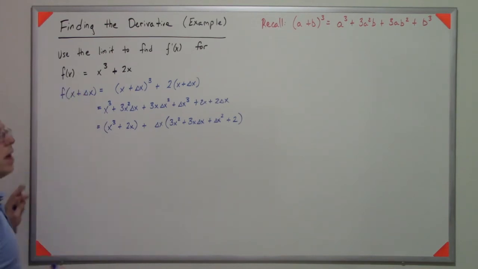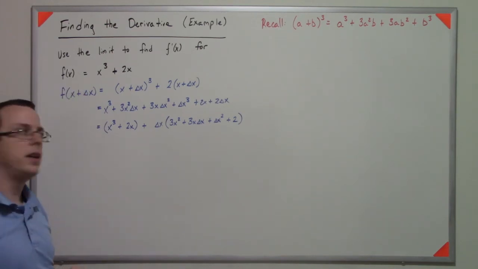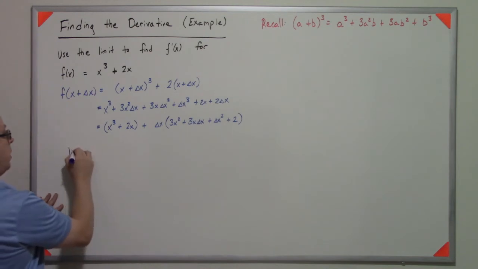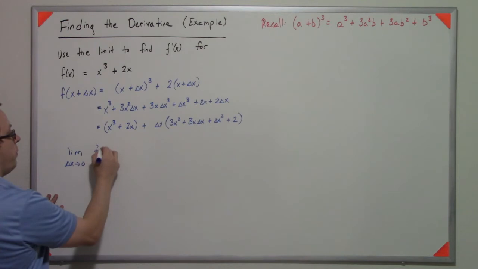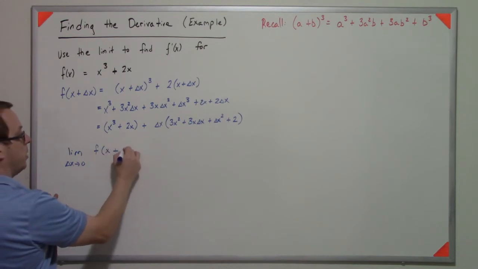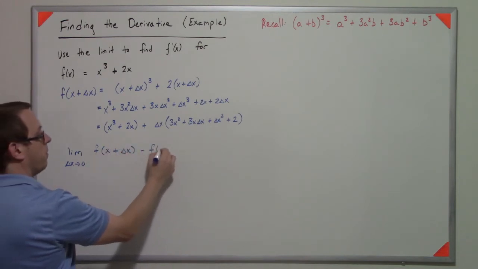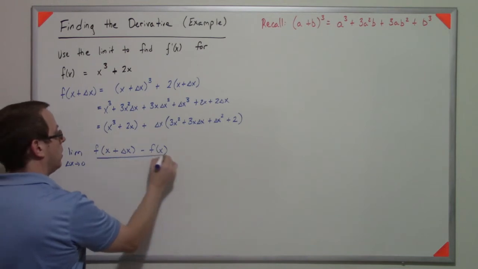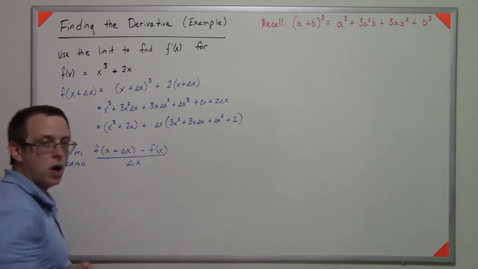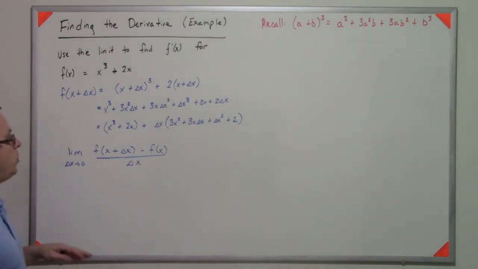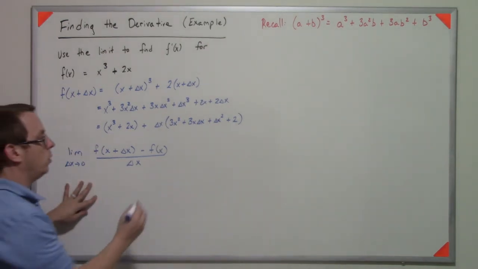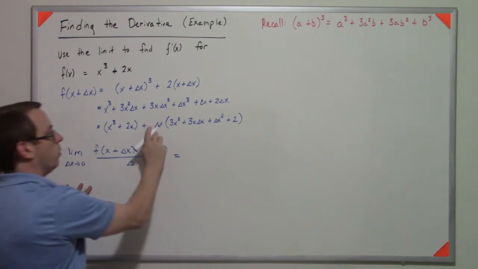And we already have f of x, so we need to find that limit. We need to find the limit as delta x approaches 0 of f of x plus delta x minus f of x over delta x. So then, doing that, we can plug in this thing.